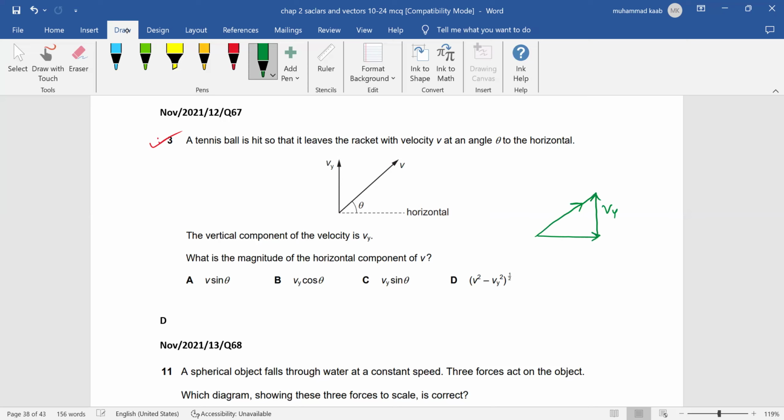We also know the resultant as V, and we are interested in this component. Applying the Pythagoras theorem, v squared equals vy squared plus vx squared. So moving terms, it will be v squared minus vy squared, under root.